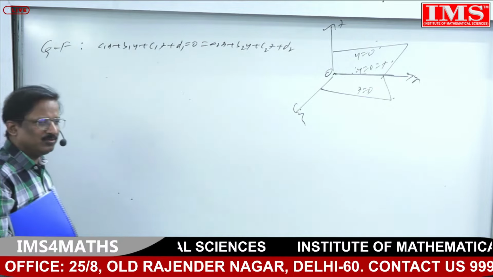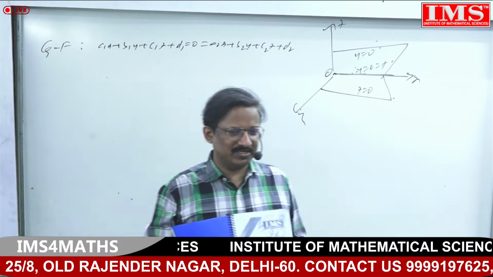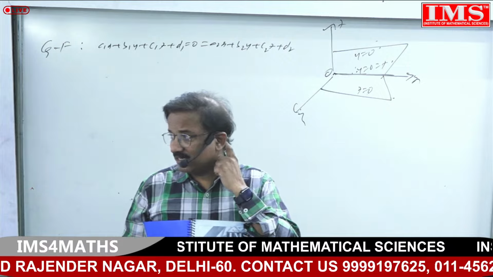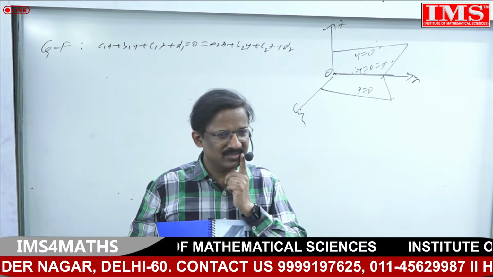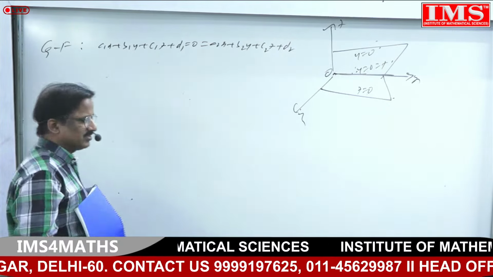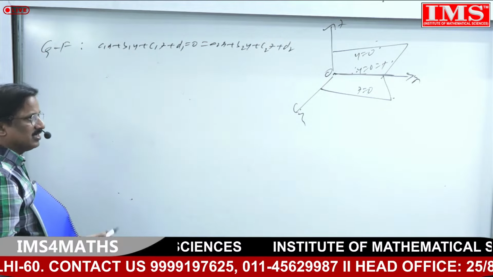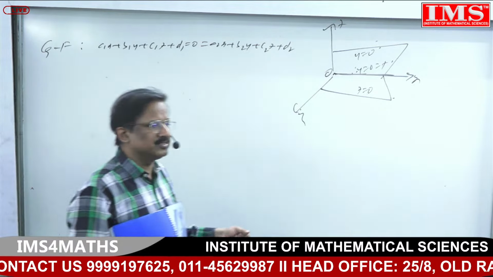In 2D, a line has an equation. But in 3D, a line is given by equations. This is the general form, or else I can say the unsymmetrical form.